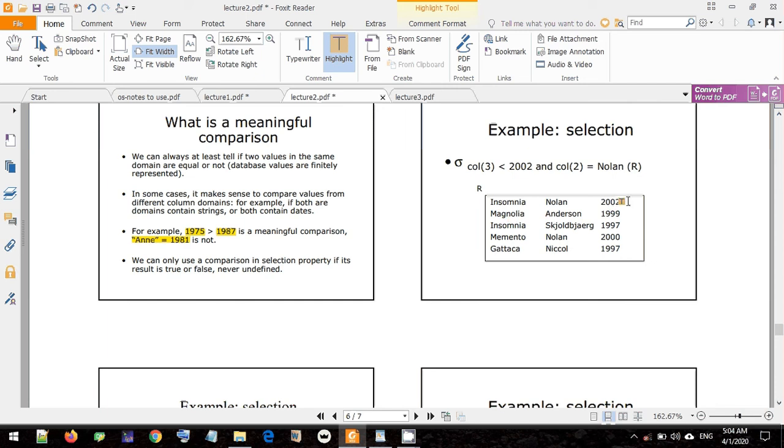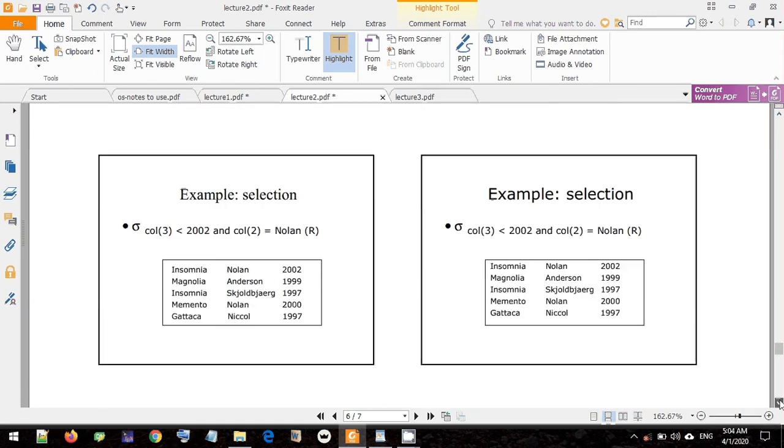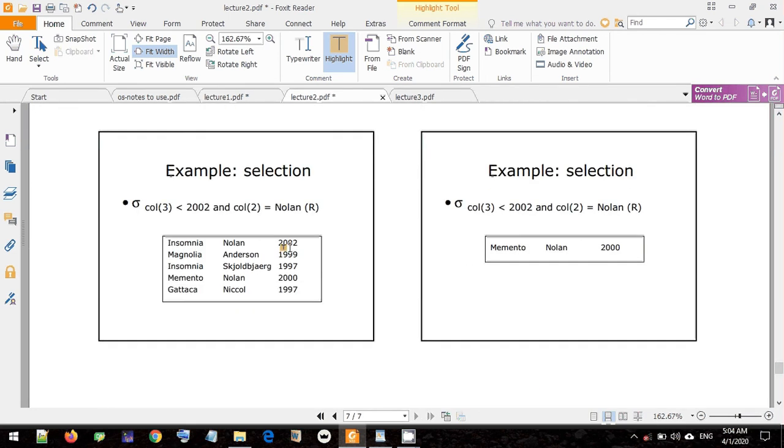This is 2002. If we perform the selection, first we select just that, and eliminate the first tuple.